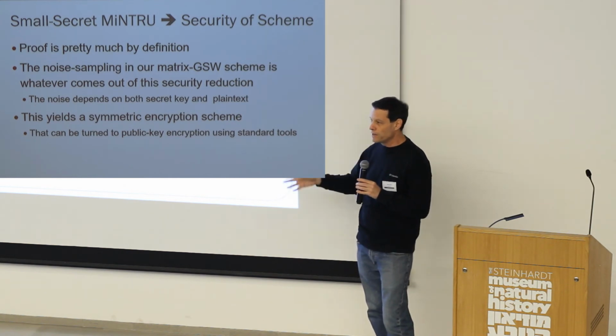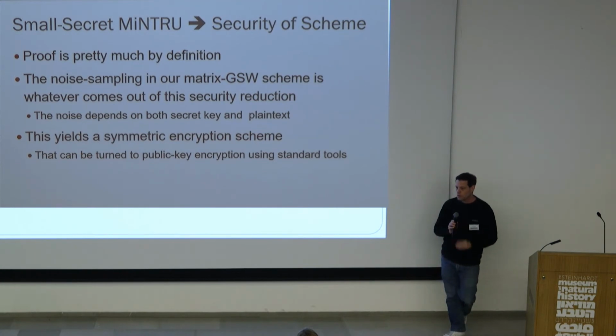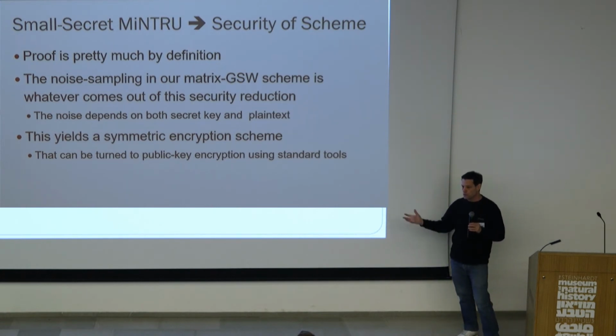This is the way the crypto system chooses the error, just so that we can actually show this reduction. But it means that the way you choose the error depends on both the secret key and the plaintext. You need to know the secret key and the plaintext in order to choose the error term.